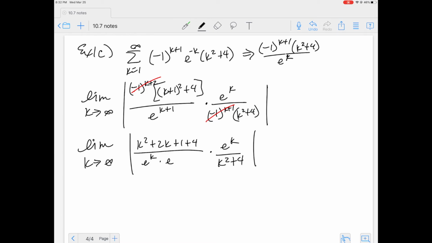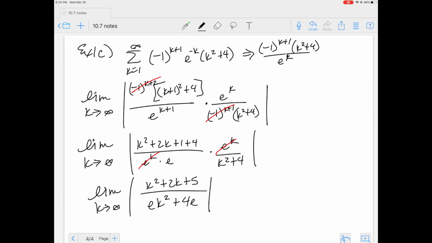So now I have e to the k. Those cancel. I'm going to combine that 1 plus 4. So I really have now the limit as k approaches infinity of k squared plus 2k plus 5 over e k squared plus 4e.